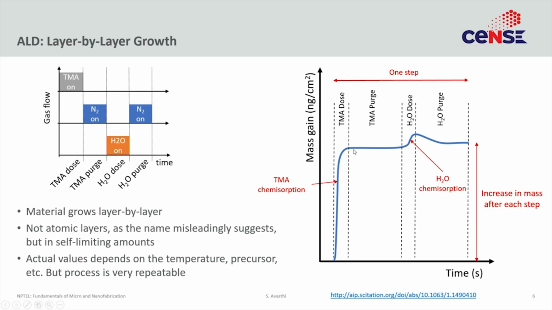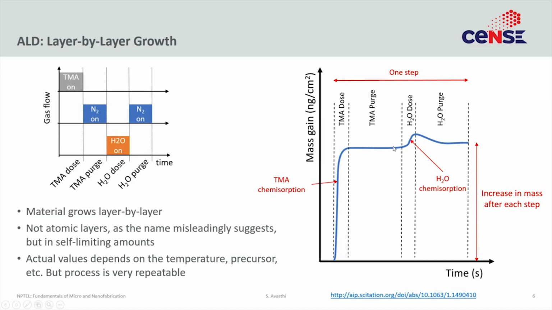The reason it flatlines is that at that point there are no surface states for TMA to react with or chemisorb on. After this point, there is no point in waiting any further, so you turn off the TMA and then do the purge cycle. During the purge cycle, nitrogen flows, all the excess TMA gets removed, but because this is a chemisorbed process, you don't actually remove the TMA that is chemisorbed on the surface.